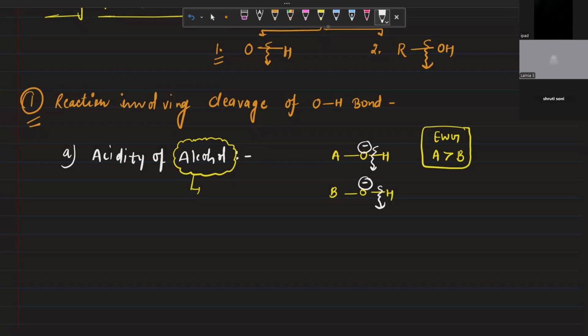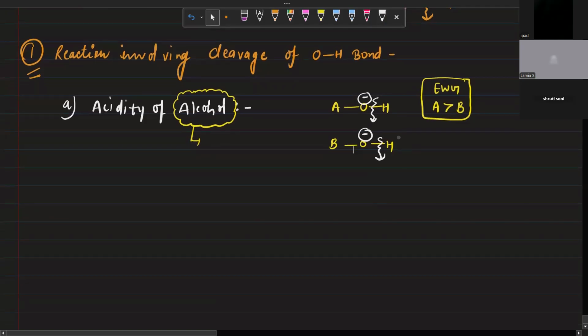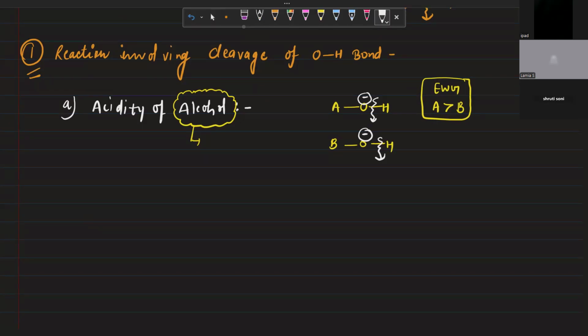Now let's suppose I'm giving you some way of checking the acidity of alcohol. There is a reaction to check acidity of alcohol. If I use CH3OH and proceed with this reaction with sodium, what will happen?